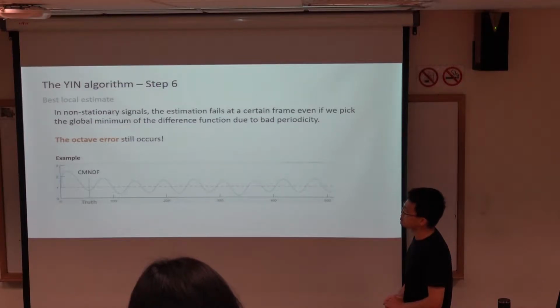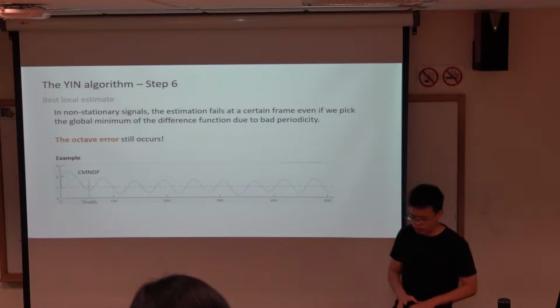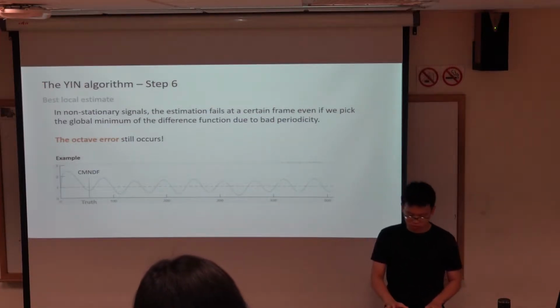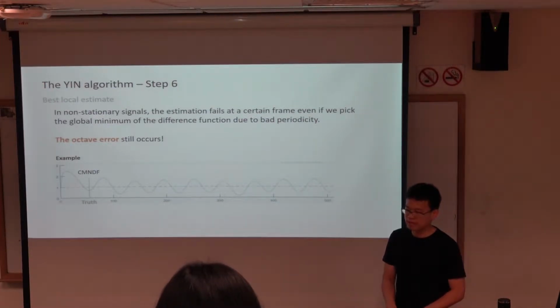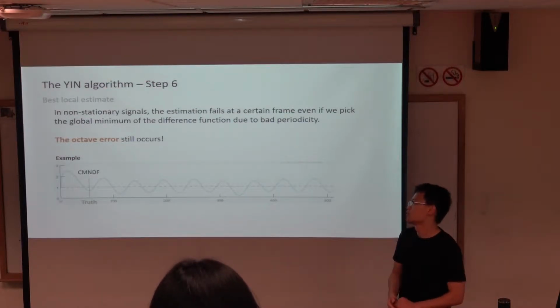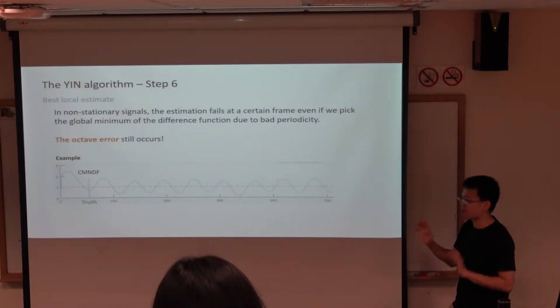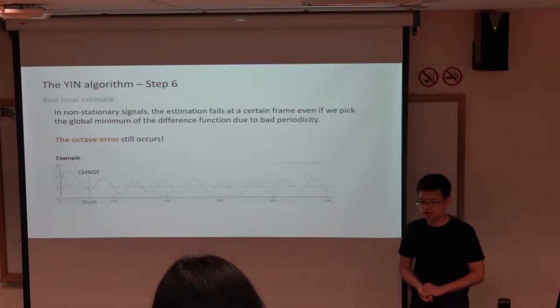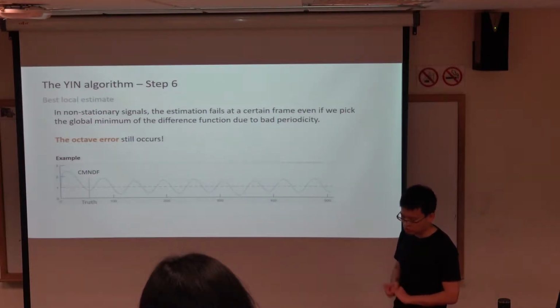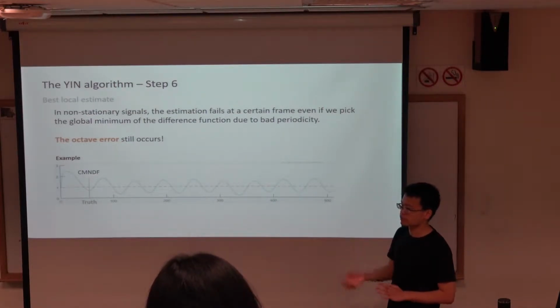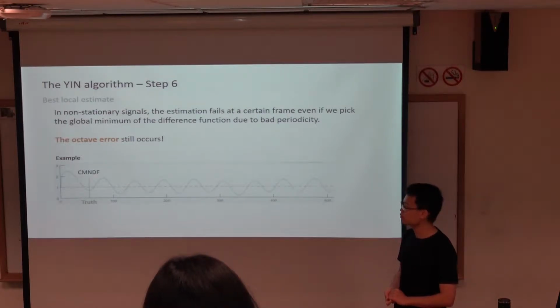But since we don't know what each signal will be like, after these steps, when people implement the algorithm in their projects, they find that there's one type of error that occurs very frequently. They call it the octave error.